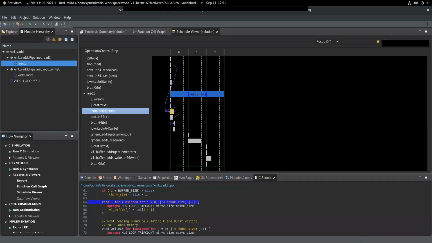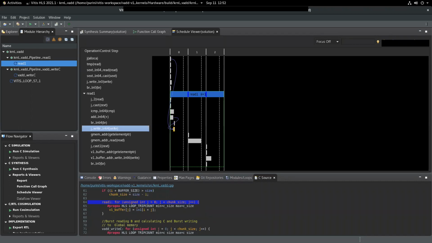This comparison operation reads from the variable J, which most probably will be allocated a register, and checks whether it is less than chunk size. This is also happening in clock cycle 0. And then after that, we are incrementing the variable J. This is an add operation. It is also scheduled in cycle 0, I guess. And then there is a branch operation which checks whether we should come out of the loop or not.